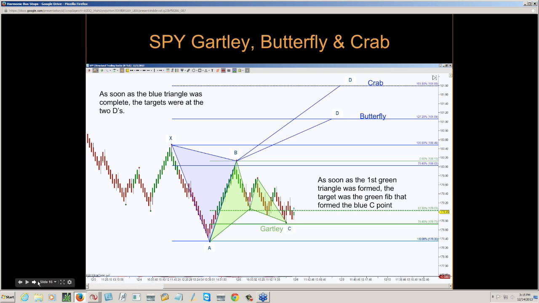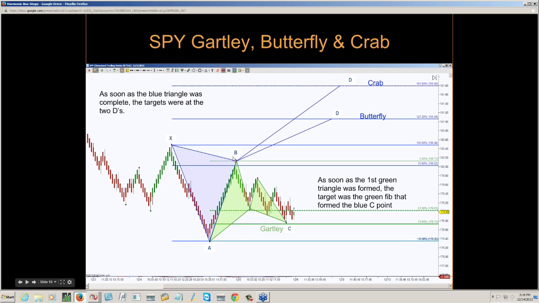Okay, here's SPY. Now, this is a 20-tick Renko chart. This is really cool because it has a Gartley, a butterfly, and a crab in it, right? And this started back in the first part of December, like December 4th, okay? So what I like to do when I have an impulsive move, in this case to the downside, and then it retraces, I have a triangle, and that's my XAB.